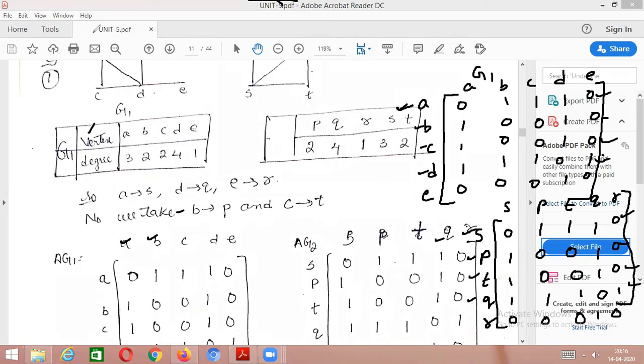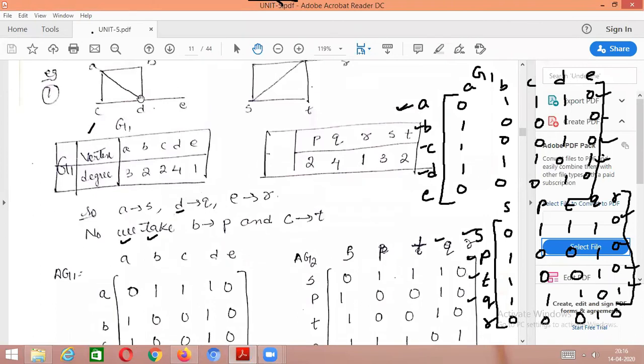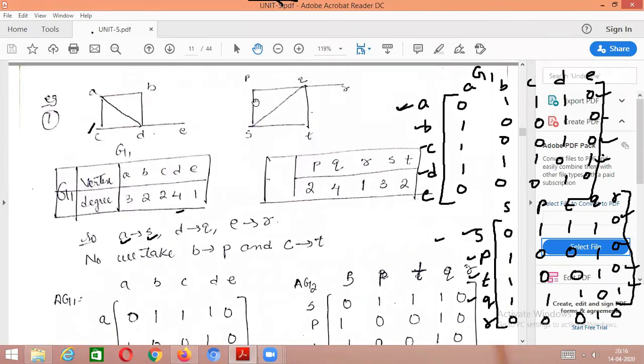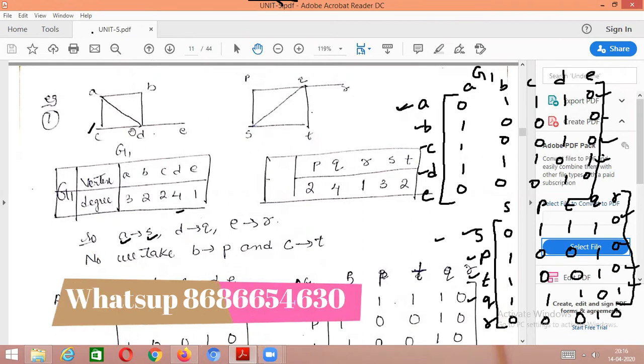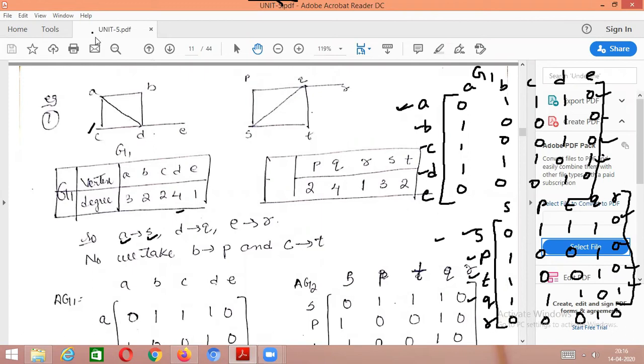Same number of vertices, same number of edges. How many vertices? 1 2 3 4 5, and 1 2 3 4 5. Same number of vertices. Edges: 1 2 3 4 5 6. Here also 6 will be there.